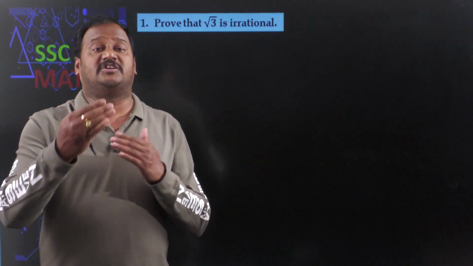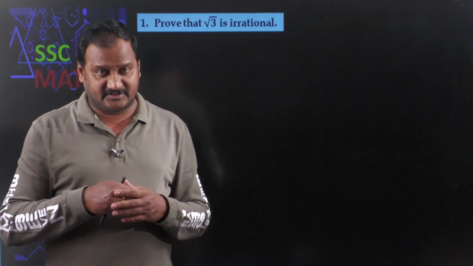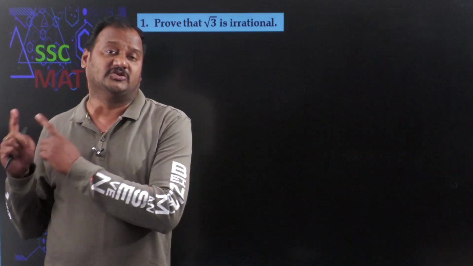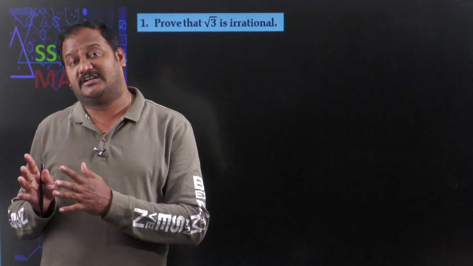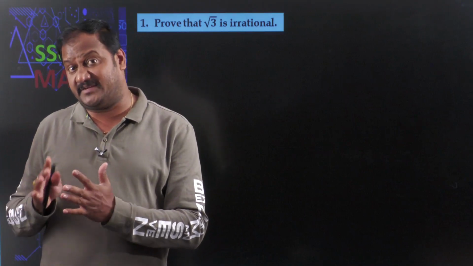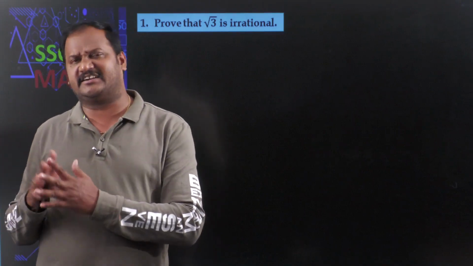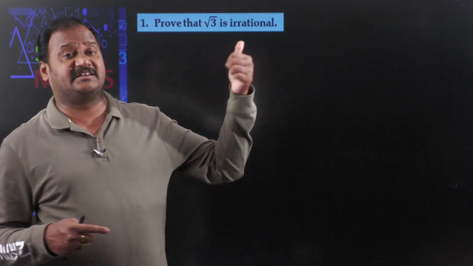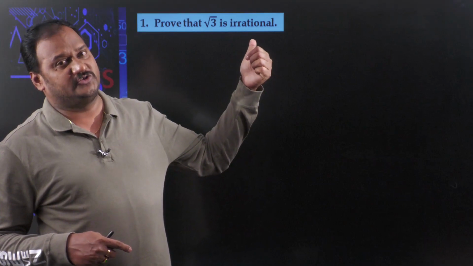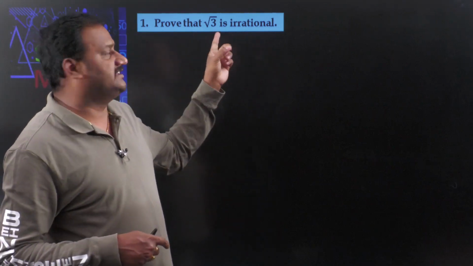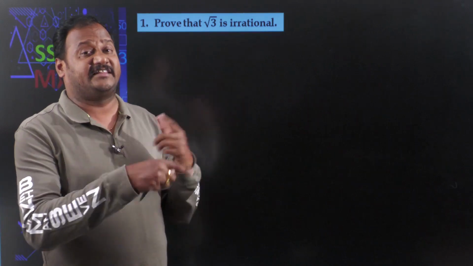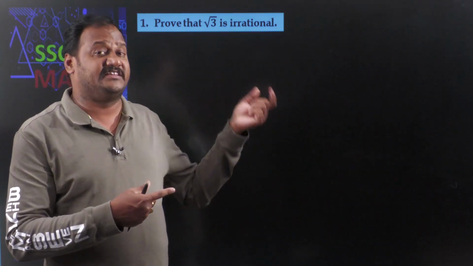Then through some logical sequence of steps, we end up with a wrong conclusion. That is what is called contradiction. Contradiction is nothing but getting a wrong result. Why are you getting a wrong result? Because of your wrong assumption. You have taken the assumption that root 3 is not irrational.